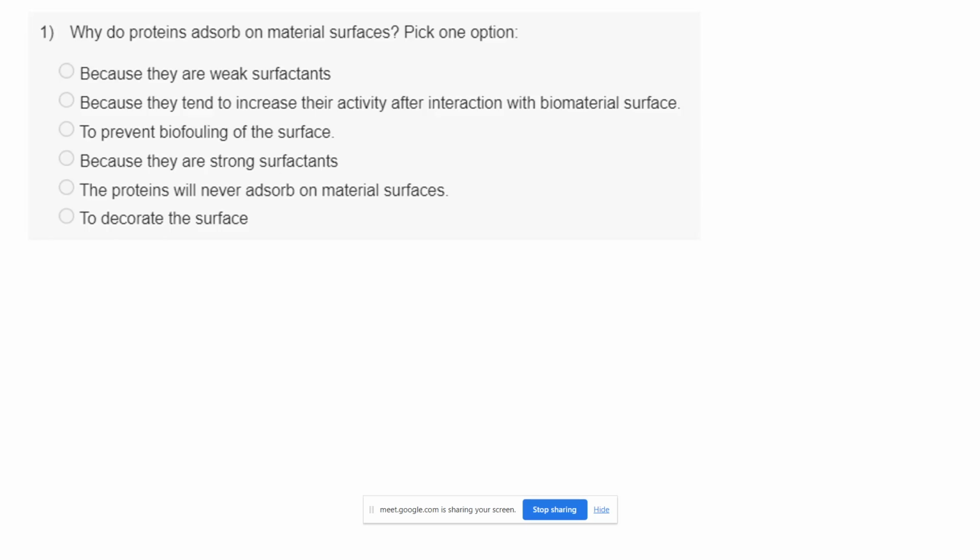Okay. Why do proteins adsorb on material surfaces? Anyone would like to answer? Option A. Okay.